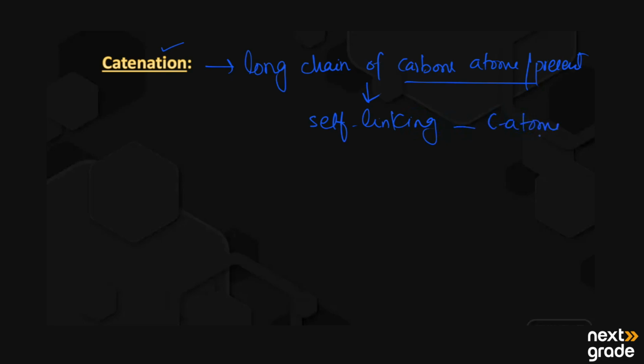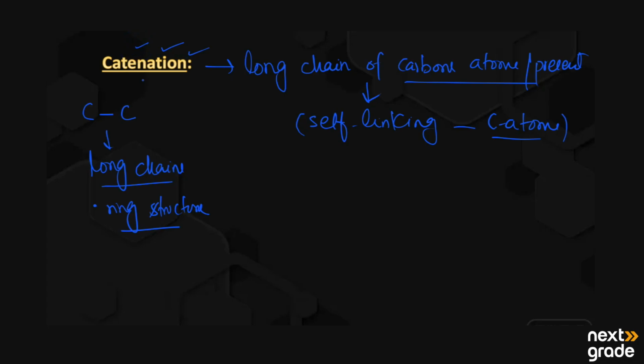Self-linking means one carbon atom can bond with another carbon atom, and with this joining it can form a long chain structure or a ring structure. So this property of carbon is known as catenation. This long chain formation ability of carbon is called catenation.